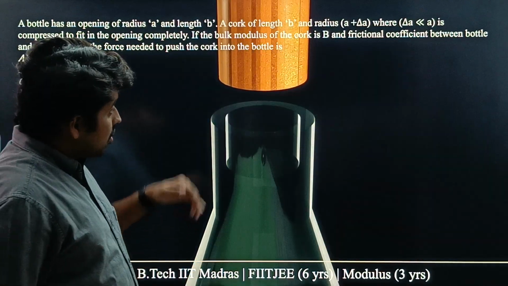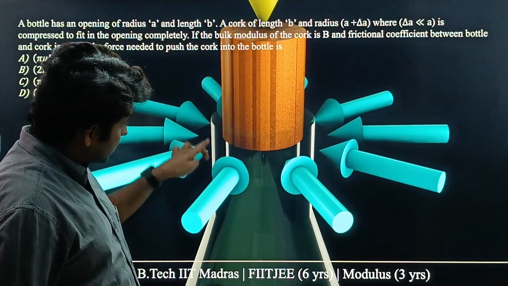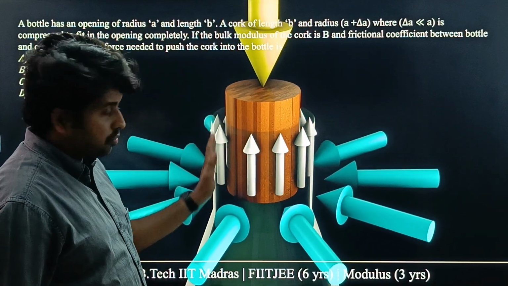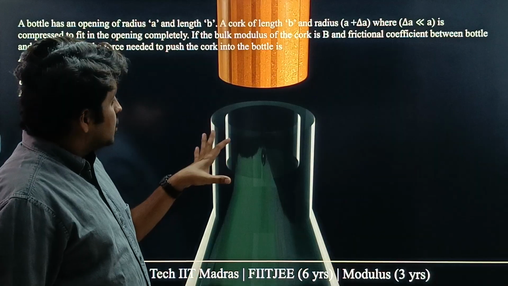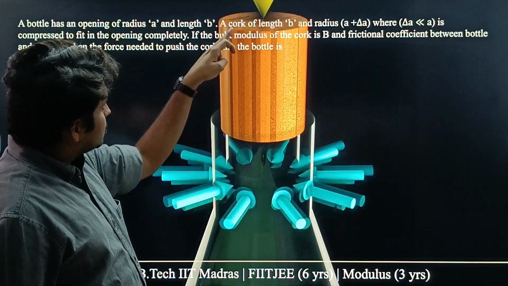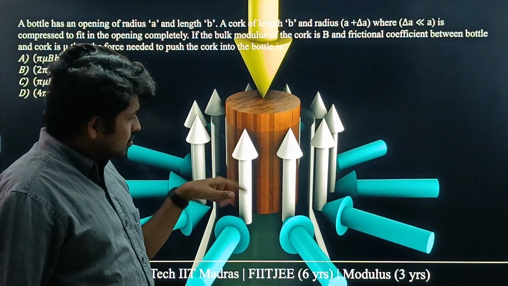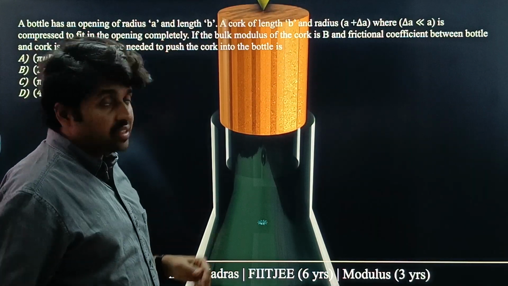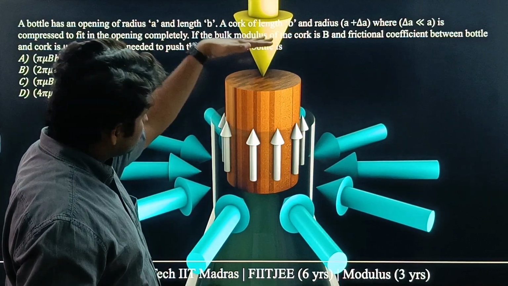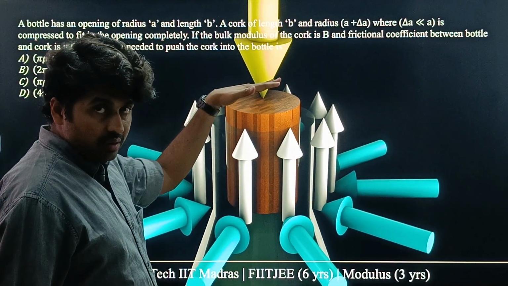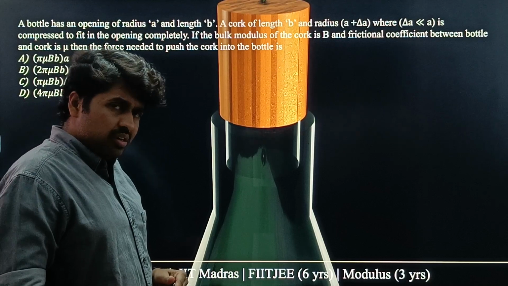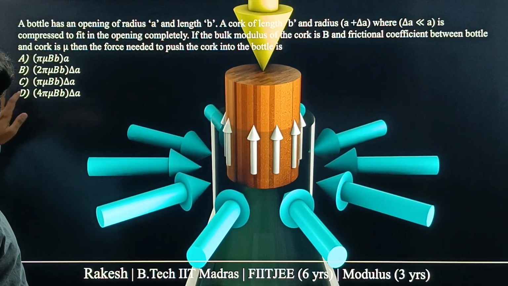Now, as you are pushing the cork down and there is friction here, friction acts upwards. So if we have to find what this force is, basically we need to find the friction force. Once we find the friction force, that is the same force that we need to push this cork into the bottle. Okay, so let us move on to the solution for this.